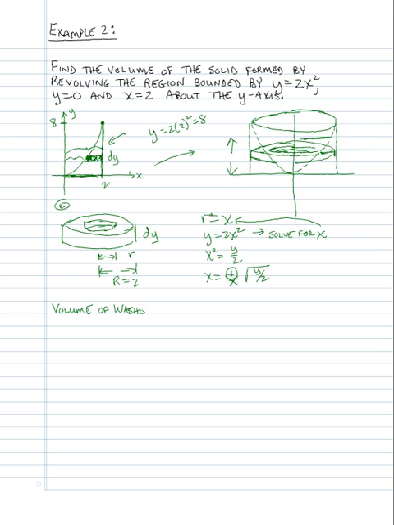The volume of the washer. Remember, it's the volume of the disc without the hole, minus the volume of the hole. Take that extra volume out.